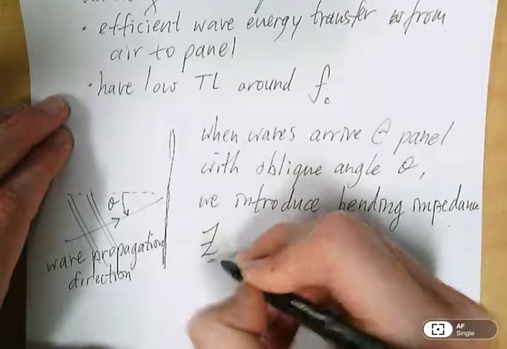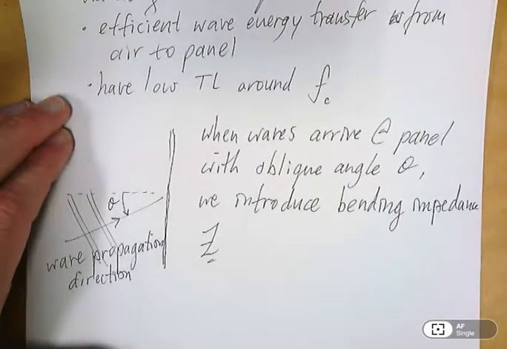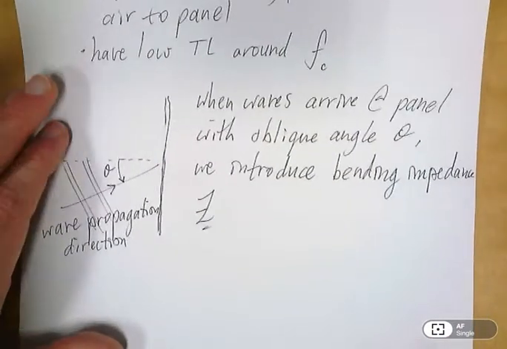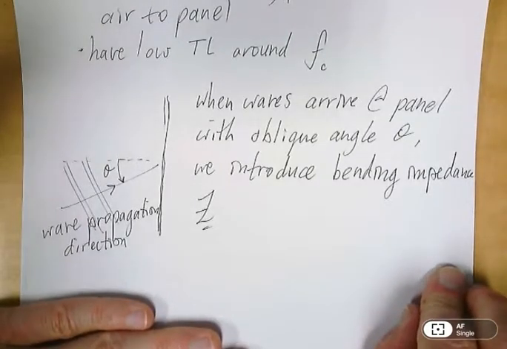We've used Z before to denote impedance, so we'll use it again without any special subscripts.